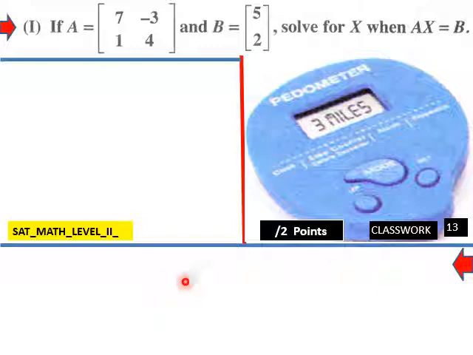So when you do that on your calculator, this is what you'll come out with, 26 over 31, and then 9 over 31. So when you multiply this times this, you'll get that. So the inverse of A times B will equal this.